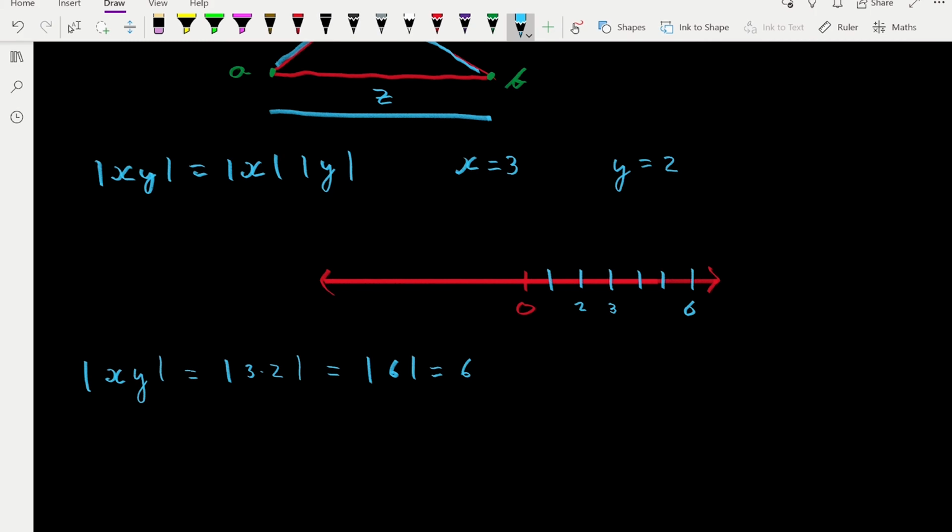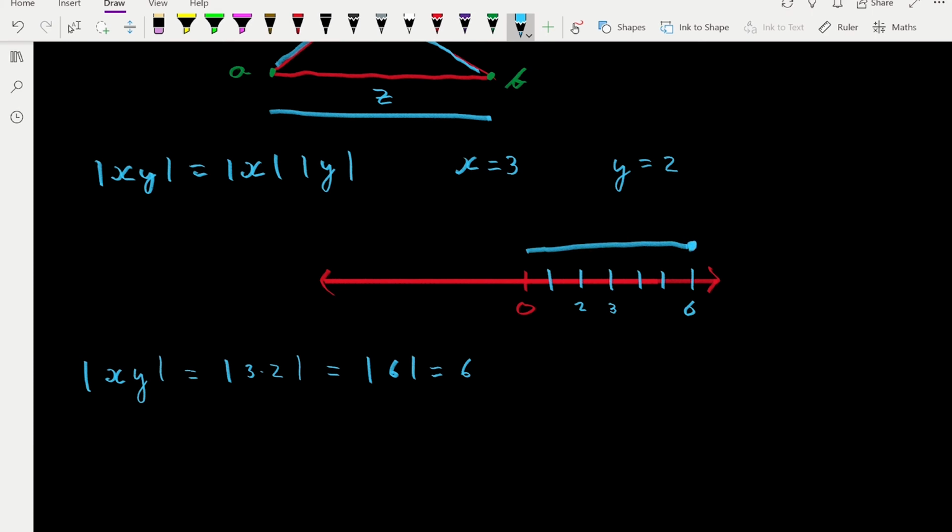So this is like saying, if you've got two positive numbers and you multiply them together, you get a length or a distance from 0.